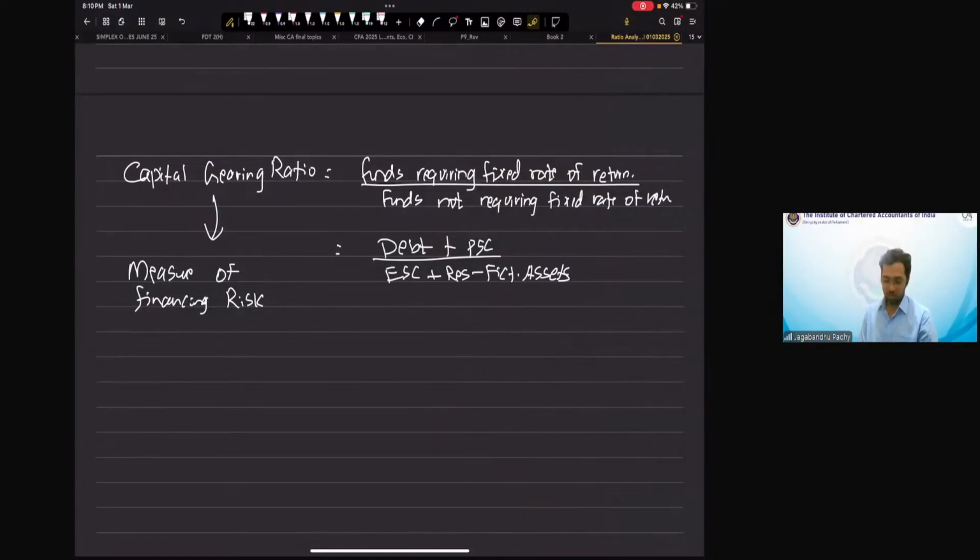Going for a higher rate of borrowing is going to require a greater degree of sales generation also, or return on capital employed generation also. So that's the capital gearing ratio.